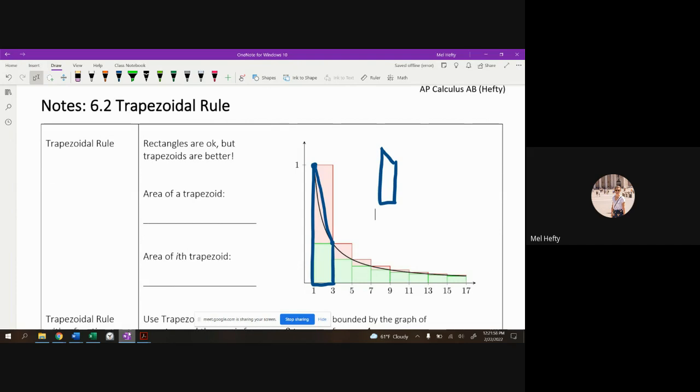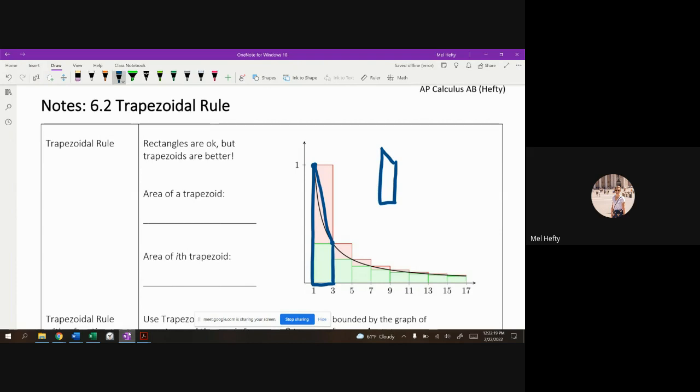It really is just going to average the 2 heights. I'm going to give you that area formula, but just know that because we're getting a better approximation, we have to give a little bit to get that. We're giving up the easiest area formula for something a little bit harder, but not too bad. Yes, we will have to remember it.